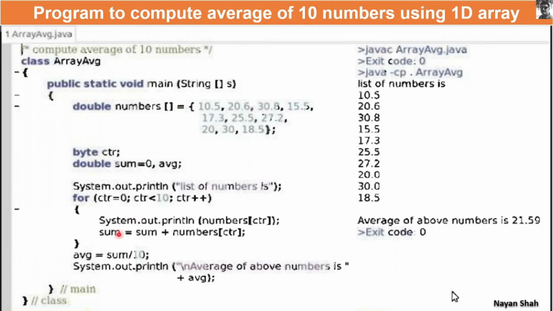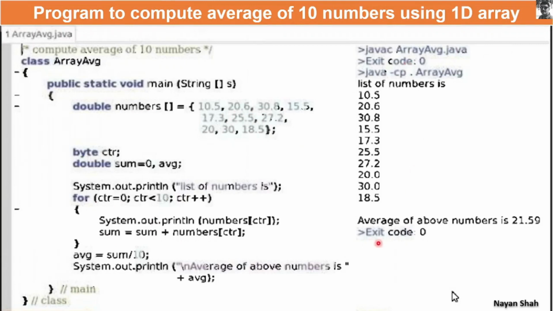And then you cannot use a loop for that. But because we have the facility of creating an array where only one variable can hold many values, it becomes very easy for us to use those values using loops.